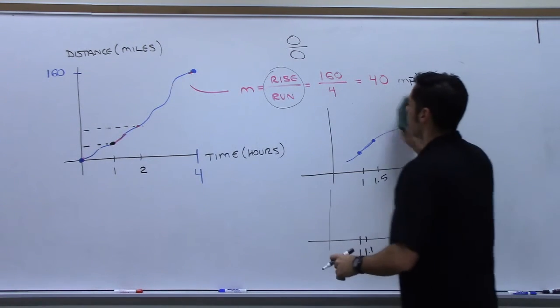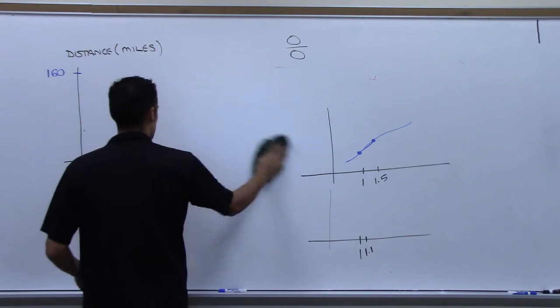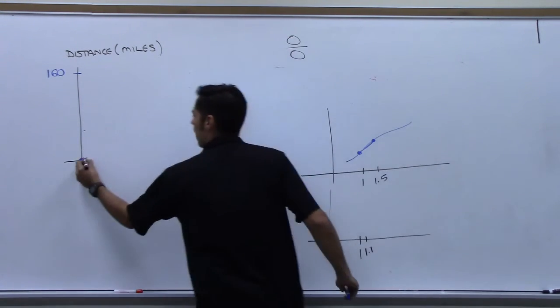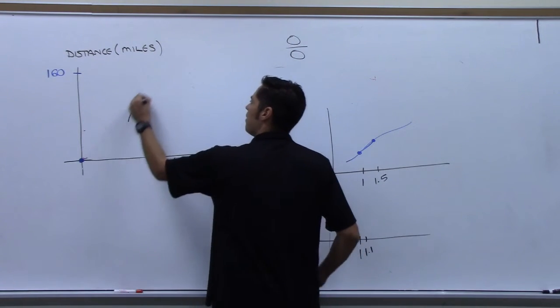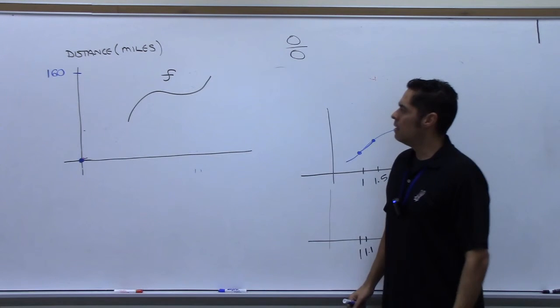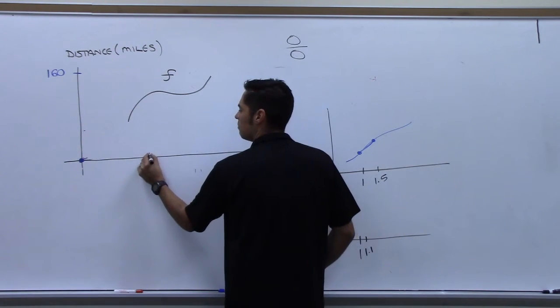So let me erase this and show you a more general picture, same concept. See if I can do this in 1.5 minutes. Let's take some function, which I'm going to call f. Let's take some point in time, which I'm going to call x.